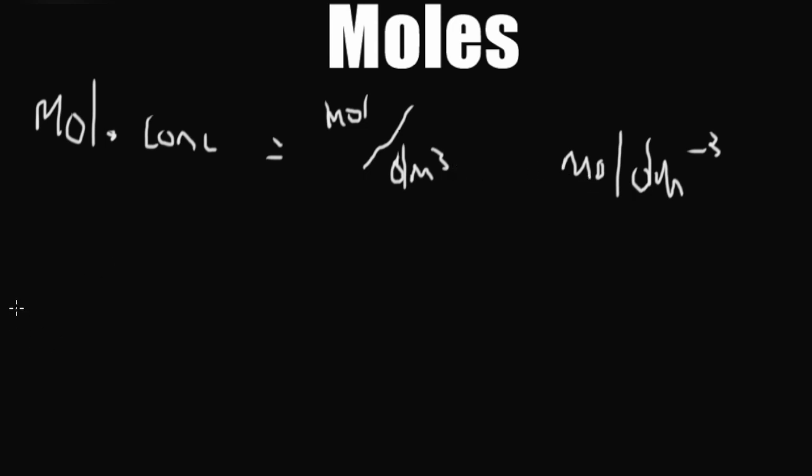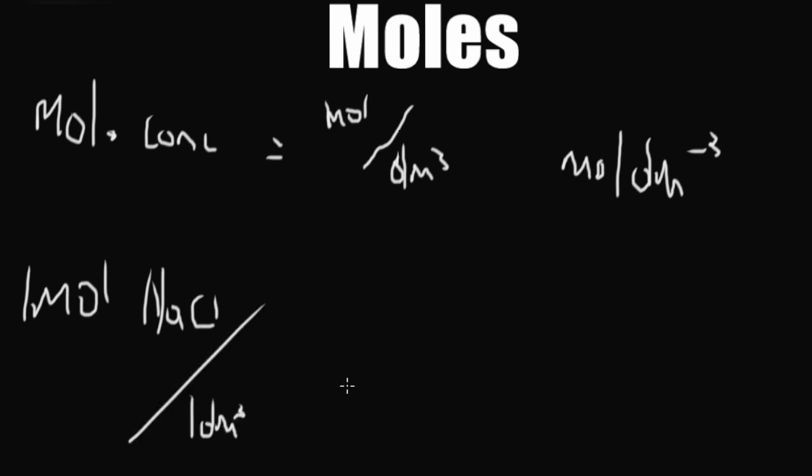So let's say that we had 1 mole of table salt, NaCl, and this is going to be dissolved in 1 decimeter cube of water. Then the molar concentration would simply be 1 mole of sodium chloride per dm cube. But what if we had 1 mole of sodium chloride over a smaller amount of water?